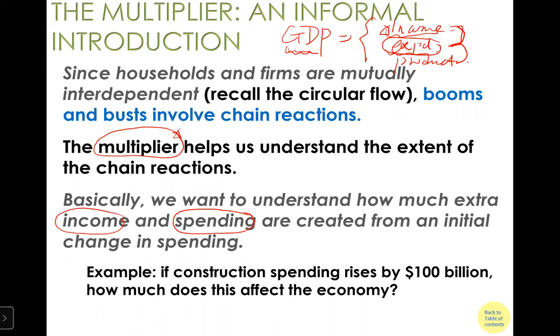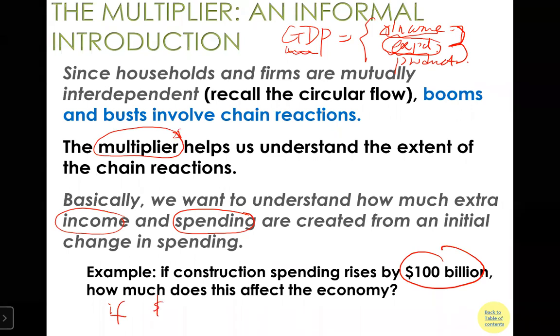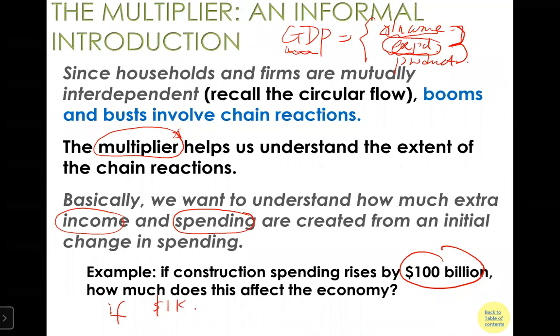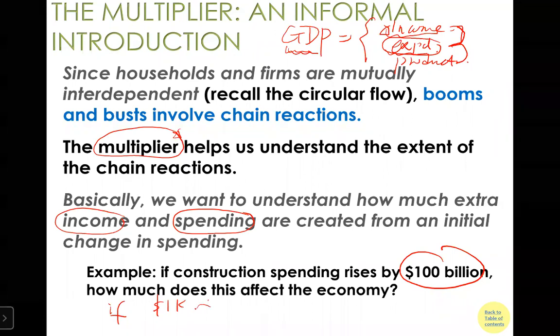Here is an example. If construction spending rises by 100 billion, how much does this affect the economy? And think about the current pandemic. We can have another example. If Congress decides to send everyone another check, let's say for example this check is 1,000 per household, and it goes to every single household, the total spending could be 1 trillion.